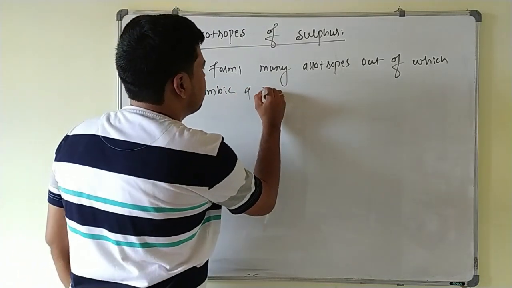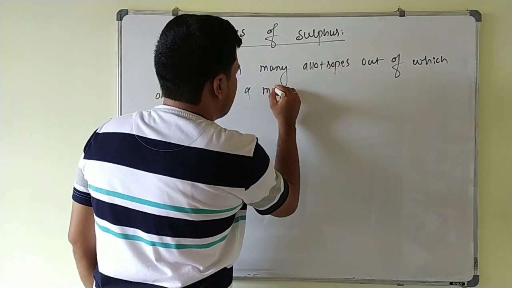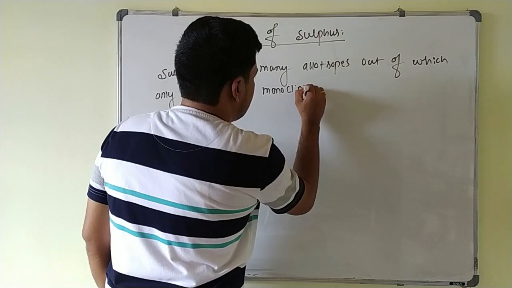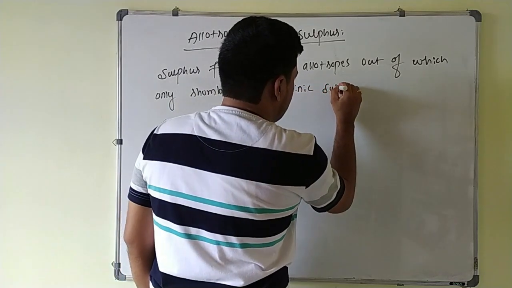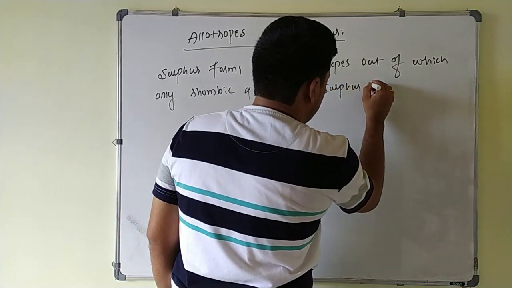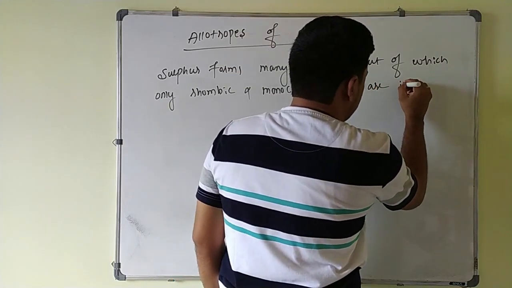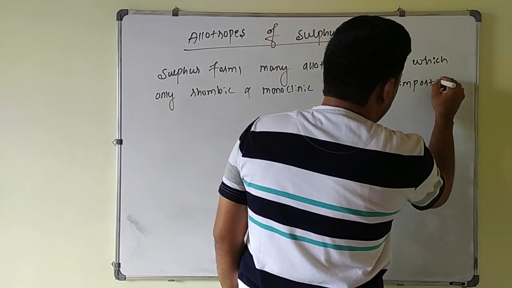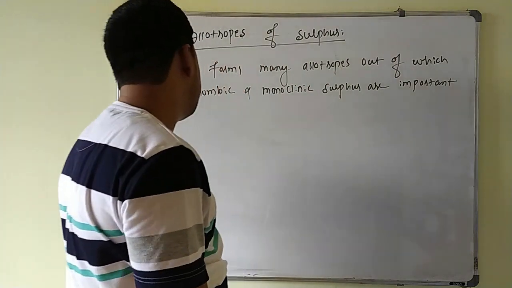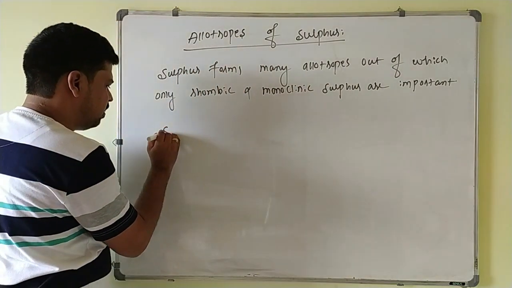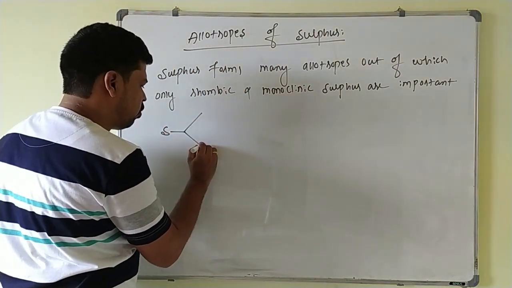So these two are important allotropes of sulfur.